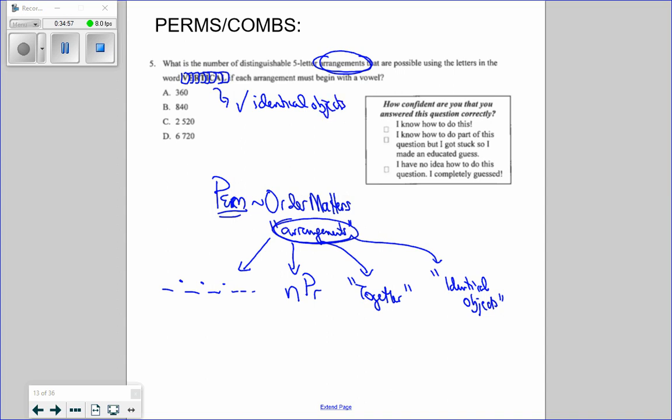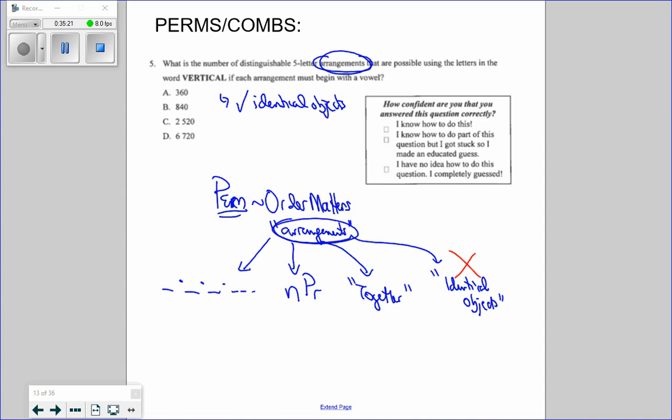In other words, do you have 2 or 3 or 4 Scrabble tiles with the same letter? Do you have any tiles with the same letter? No. So we don't have to worry about identical objects on this one. We're just going to do it as a straight up fill in the blank.